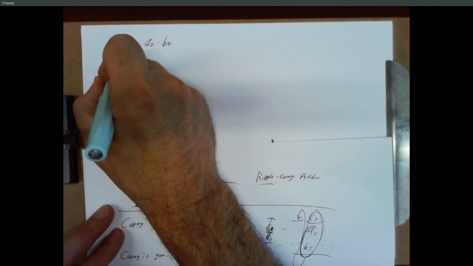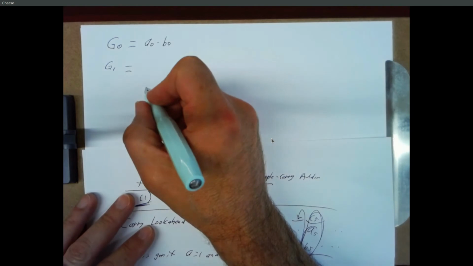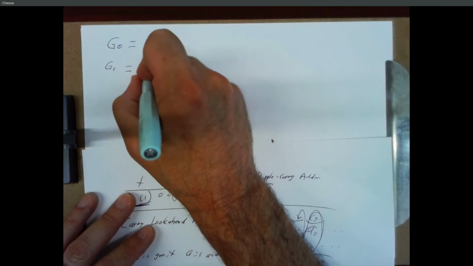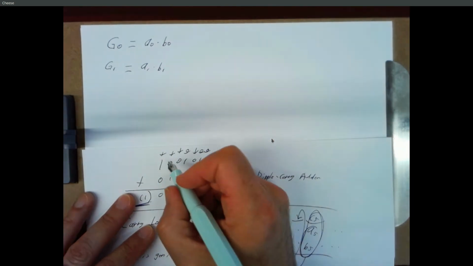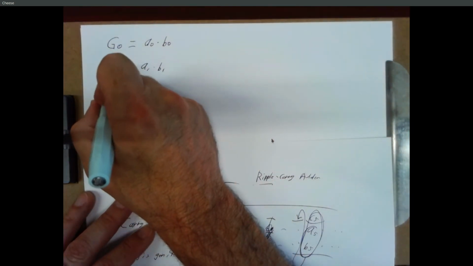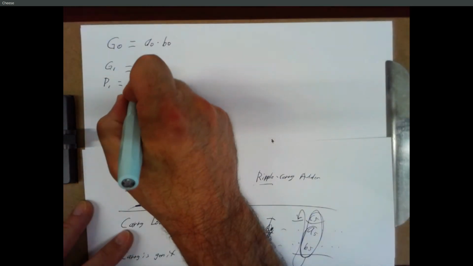Adding my second bit position, position 1, will generate a carry if A1 is 1 and B1 is a 1. It will propagate a carry if A1 is a 1 or B1 is a 1.